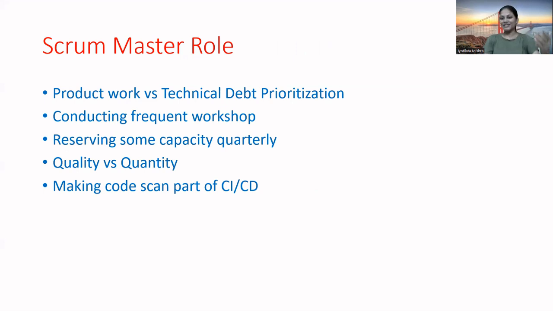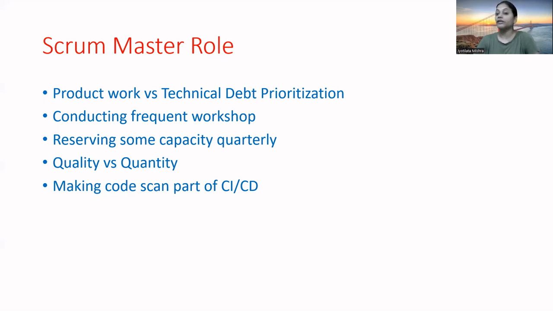Now, the question comes, what is our role as a Scrum Master? To educate the development team and the product team that yes, it's good to produce new features, but it's also necessary to ensure that the team picks up technical debt, and we reserve some capacity for those things.